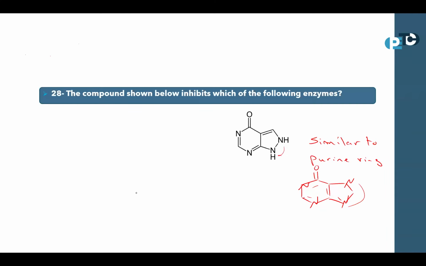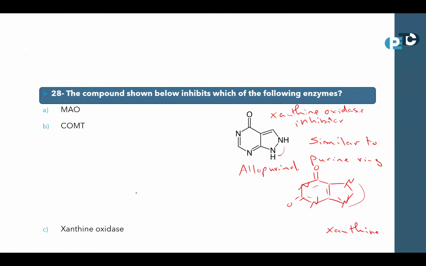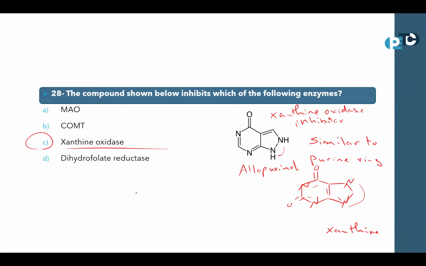This is the xanthine structure. Okay, this is the xanthine oxidase inhibitor, the allopurinol. So this structure is allopurinol. It is a xanthine oxidase inhibitor.